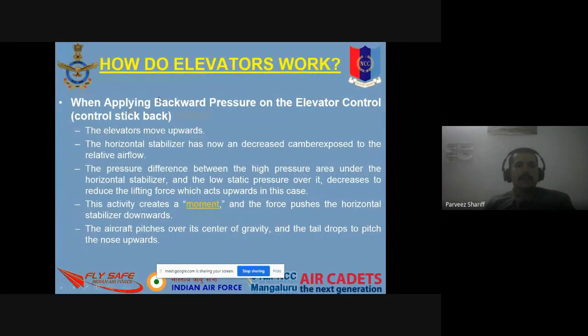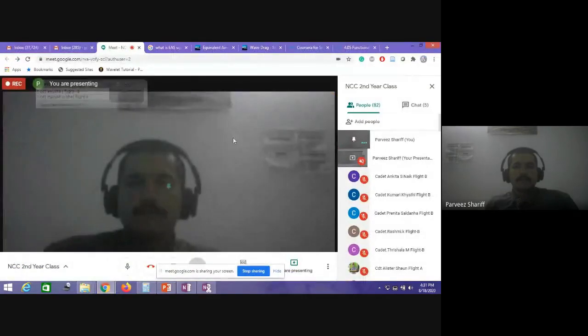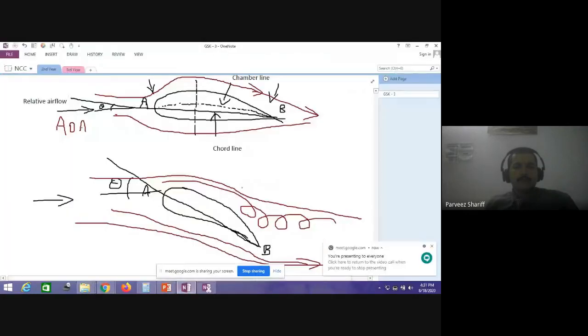Okay. So how does the elevator work? As I told you, elevators move upward, then what happens? Come on, tell me now. Let's have a viva question here. Let's have a quiz. If the elevator moves up, the nose of the aircraft, what happens?